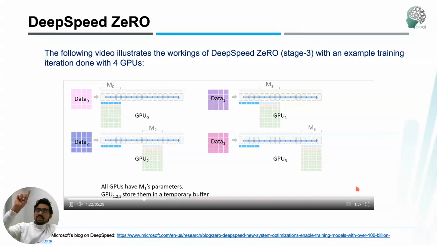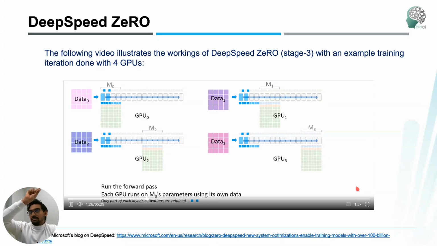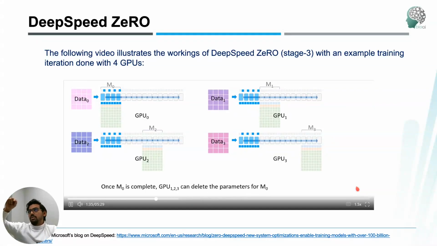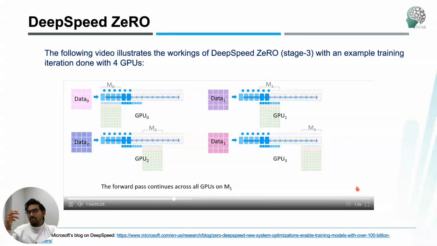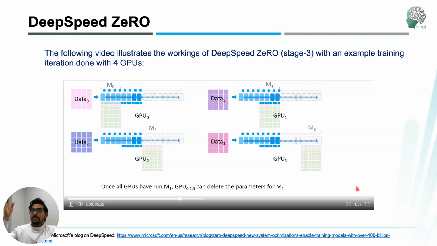Initially, GPU 0 that has the first row of weights, it will distribute that to everyone, and then everyone will do their forward pass, store the result of that computation locally. Similarly, the next GPU that has the next row of weights, it will send that to every single GPU. Everyone will do their work with that row, send it back, and then it goes on for all the layers.